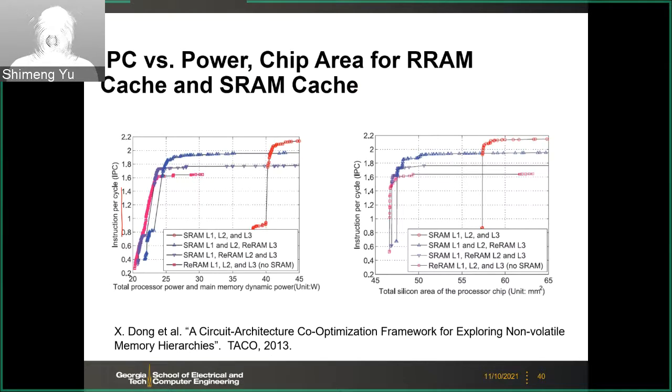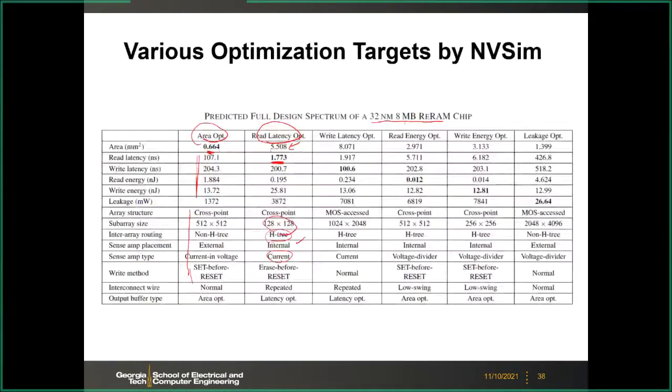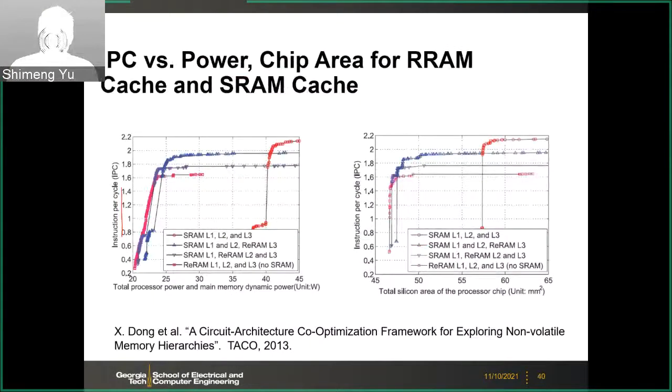This is an indicator of the performance of the processor. And here we have so many design points, and this will be the input to the simulator of Gen5. Then this will be the output from the Gen5, which is the IPC as a function of the system level power.